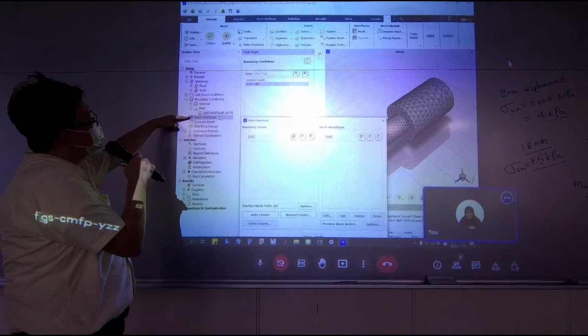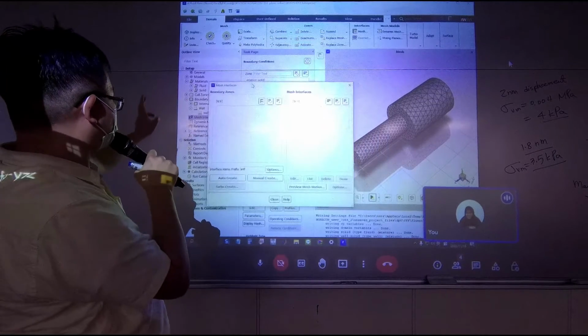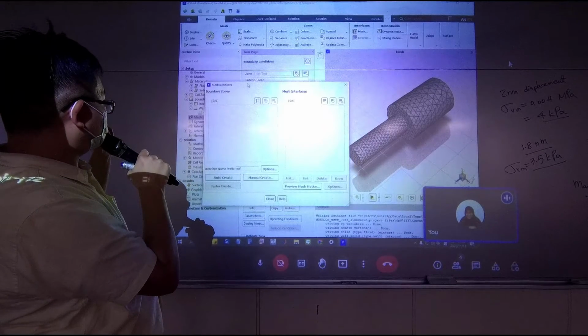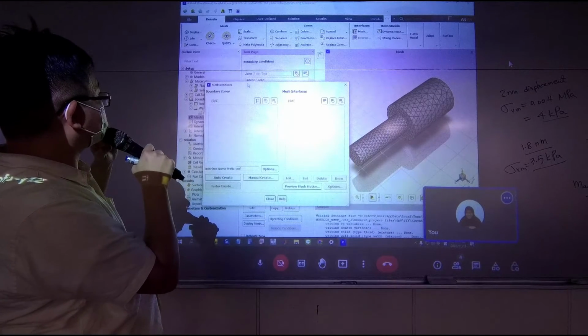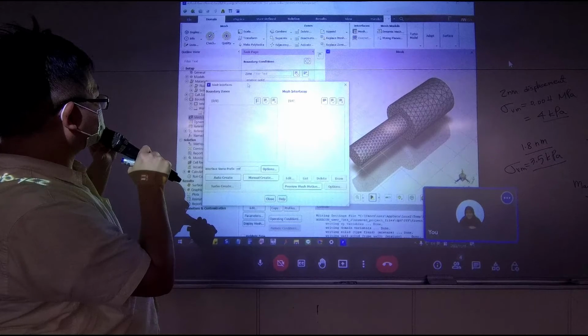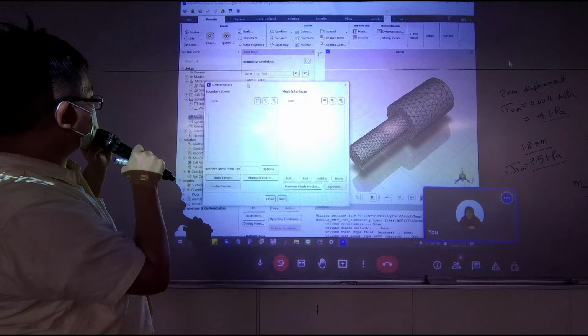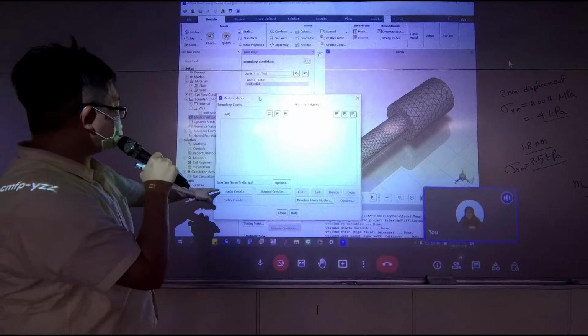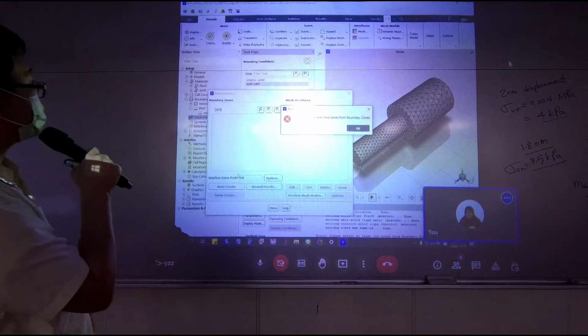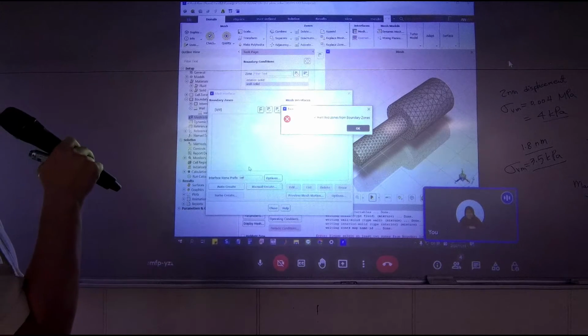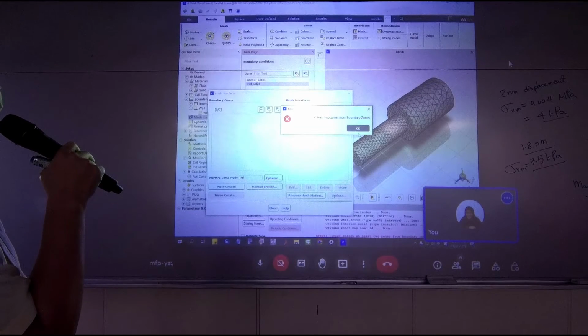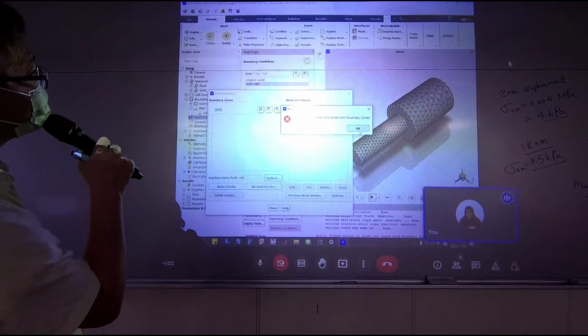Yes. Auto create, try auto create. 麻烦了。Okay, turn off.